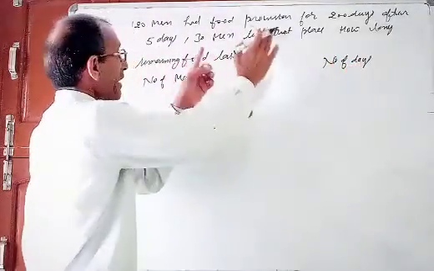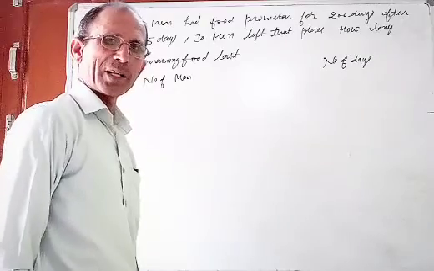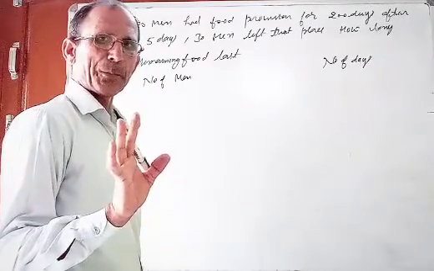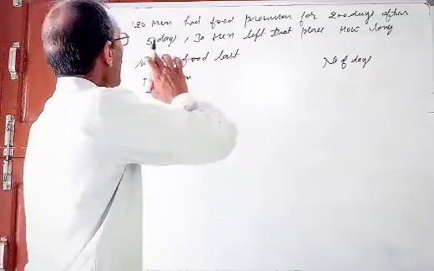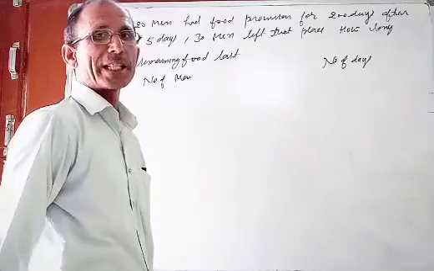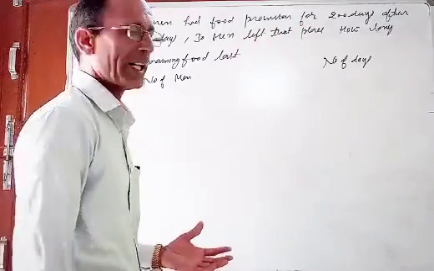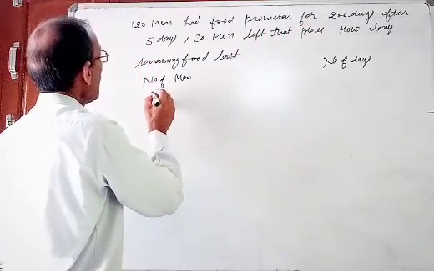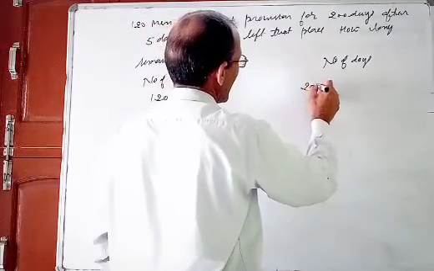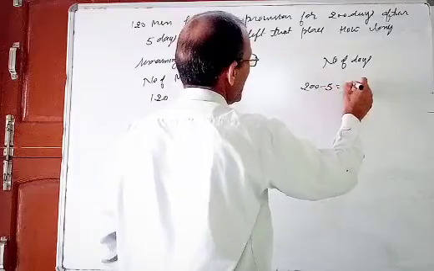For 120 men, food is enough for 200 days. After 5 days, some men left the place. Now, for 120 men, food is enough for 195 days. You can write number of days and number of men 120 like this, then you will understand easily.